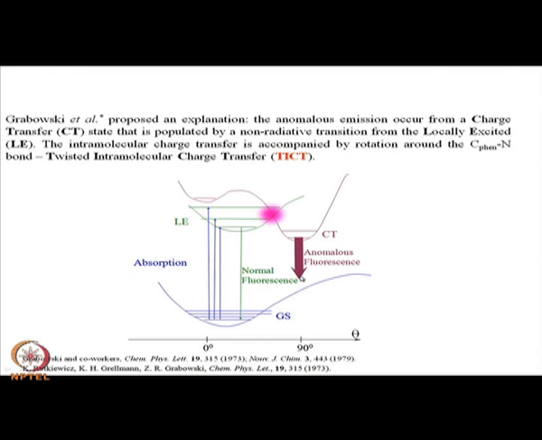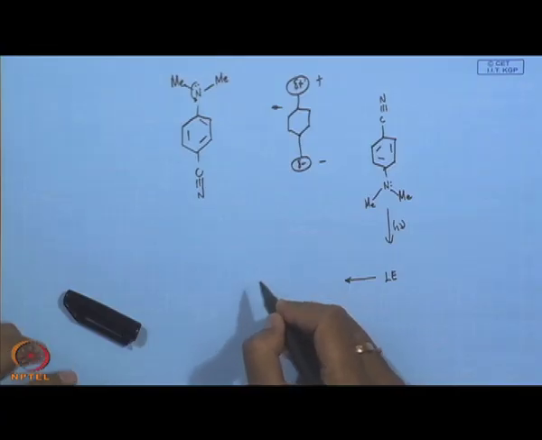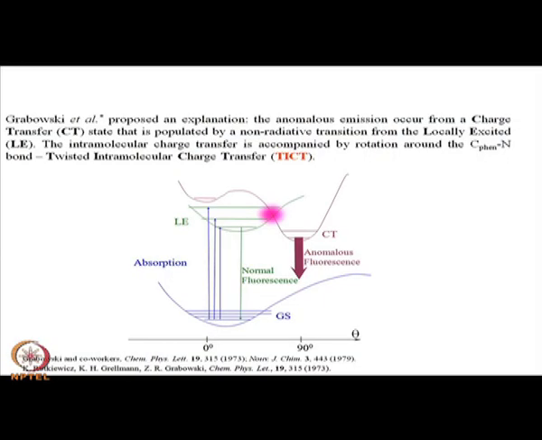Now, when you use a more polar solvent, this CT state is more stabilized, so the probability of formation of this CT state from here is more. That is why in a more polar solvent you can expect more intensity of the anomalous fluorescence as compared to the normal fluorescence. So, this is your normal fluorescence, this is your anomalous fluorescence, and Gabrowski et al. proposed this explanation: a non-radiative transition from the LE to the charge transfer state, giving rise to two-state intramolecular charge transfer.